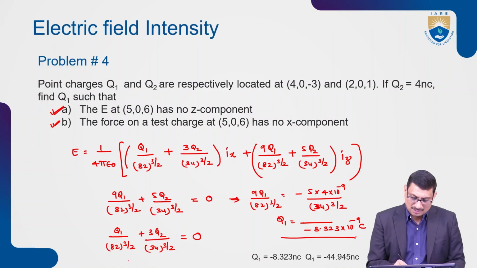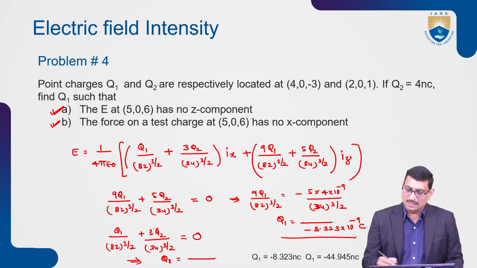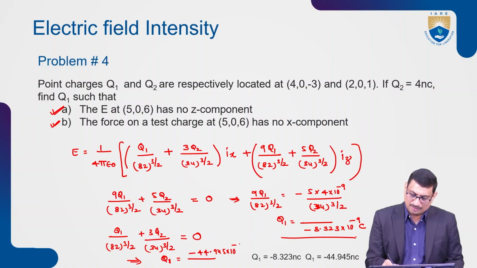And again I will solve this equation to find the Q1 value, where Q2 is given as 4 nanocoulombs, which I will substitute. Then the answer is minus 44.945 into 10 power minus 9 coulombs.